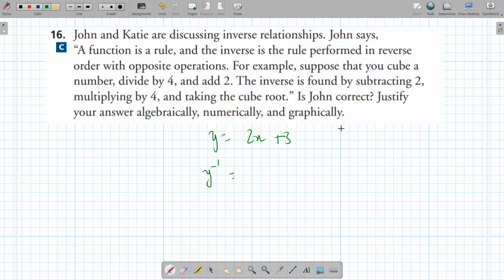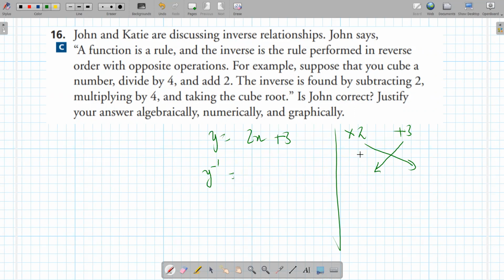We could do that. That's doing it algebraically, but this is not what the question's asking you, okay? So what did we do to this x first? We multiplied it by a 2, yeah? And then we added a 3, right? The inverse function is going to be the same thing in the opposite order. What do I mean by that?